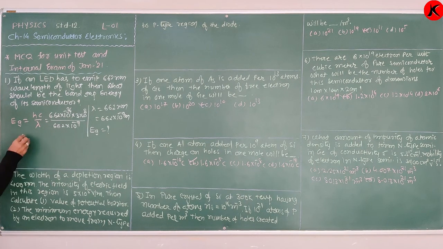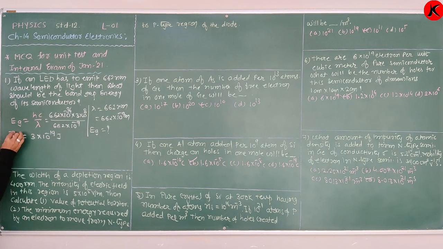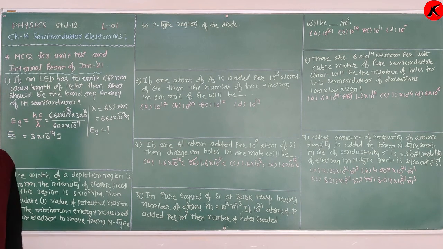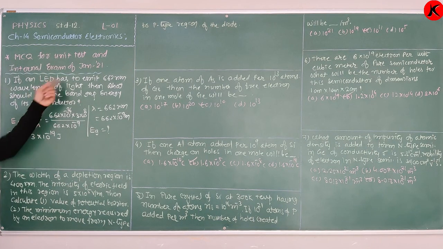So as we simplify, we obtain 3 into 10 to the power minus 19 joule. That is the band gap energy in the semiconductor which is used to prepare the light emitting diode. This light emitting diode can emit light of wavelength 662 nanometer.